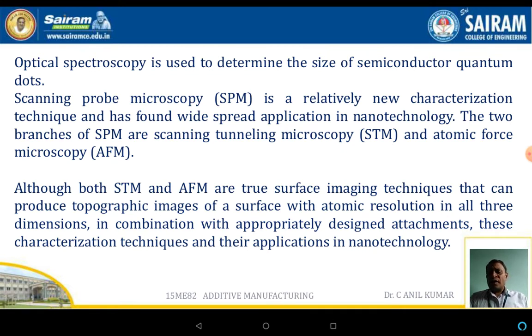STM and AFM are true surface imaging techniques that can produce a topographic image of the surface with atomic resolution in all three dimensions. In combination with appropriately designed attachments, these characterization techniques find application at the nanotechnology level.